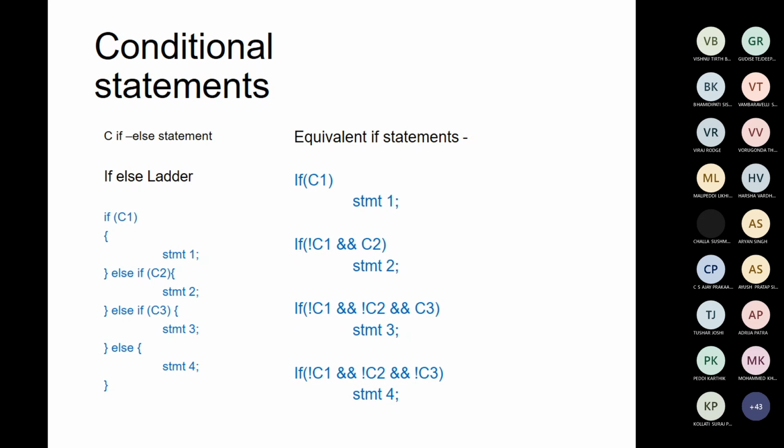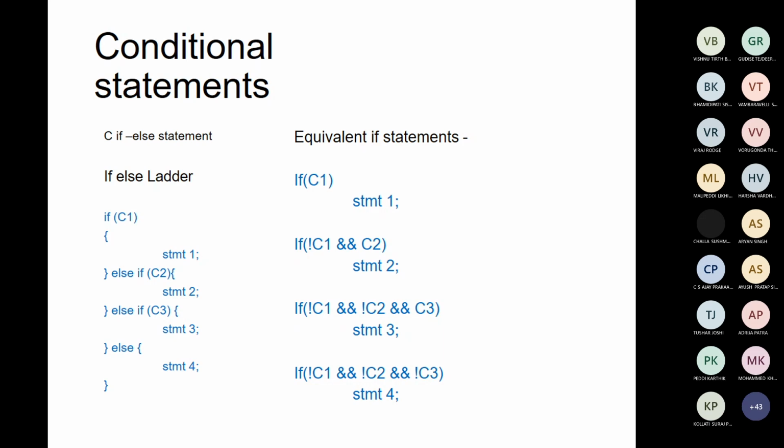And then try to convert it to equivalent individual independent if statements. If statements are independent, but if-else ladder is not independent. The else part automatically provides the mutually exclusive part. Right? So in this case, just focus on this if-else ladder.